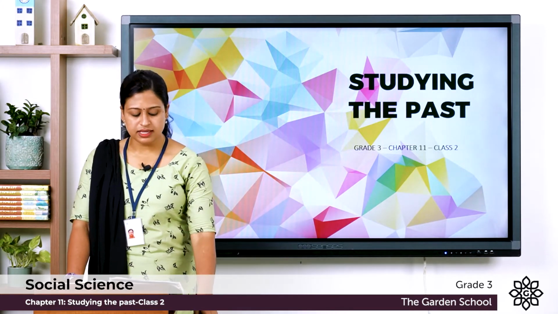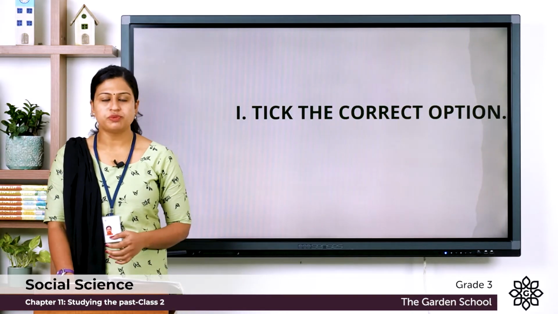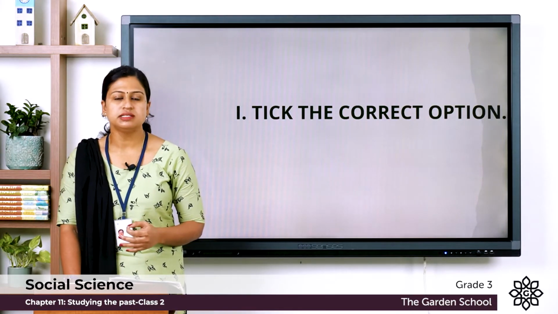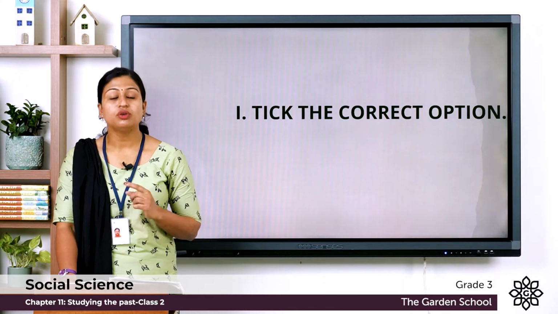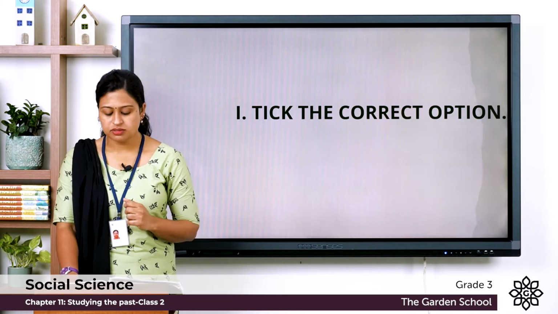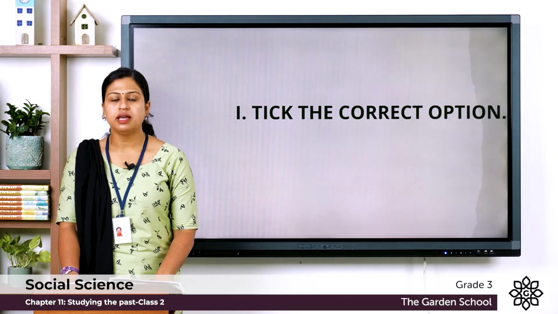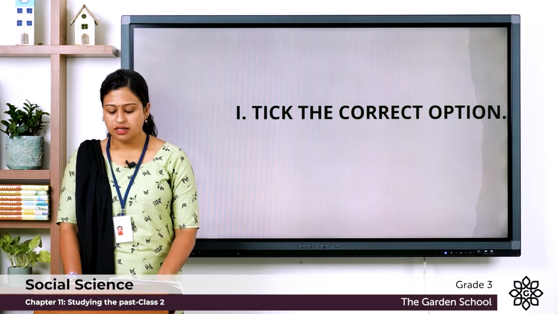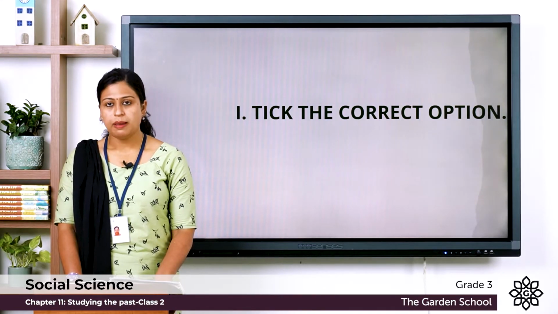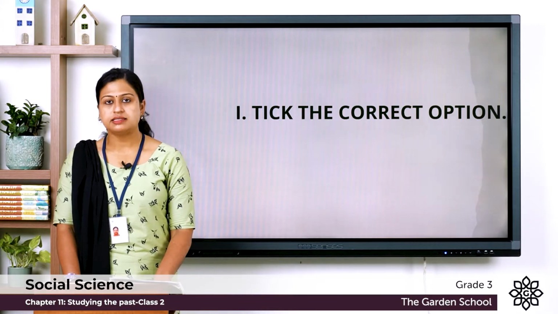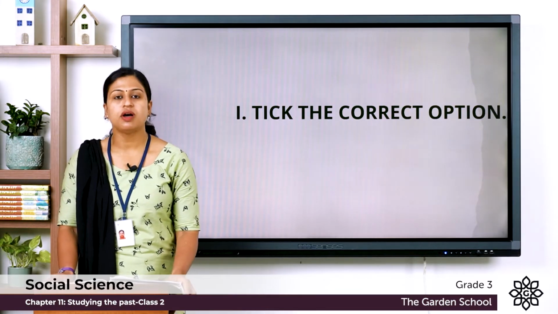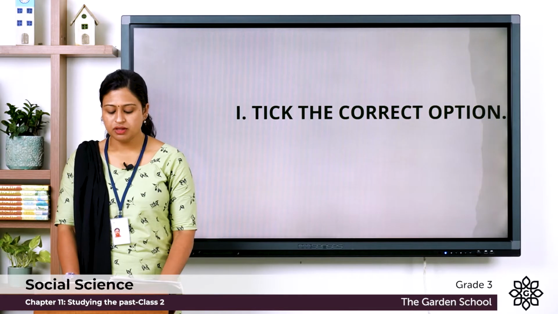The first one is tick the correct option. So you can see a question is there and 3 options are given. You have to choose the correct one. So the first one, historians are experts who dash, and the options are A, study the future, B, study the past, C, draw paintings. So you have to choose the correct one.